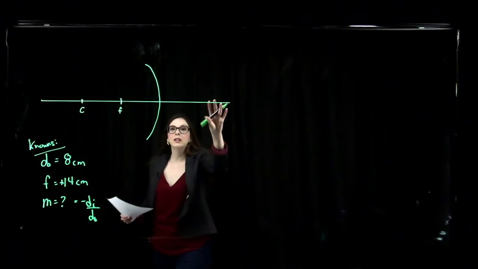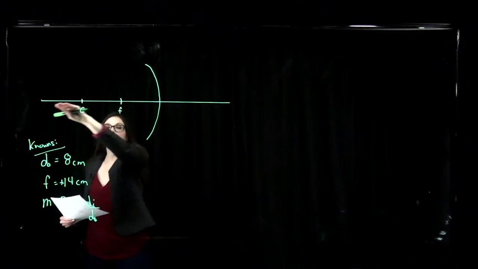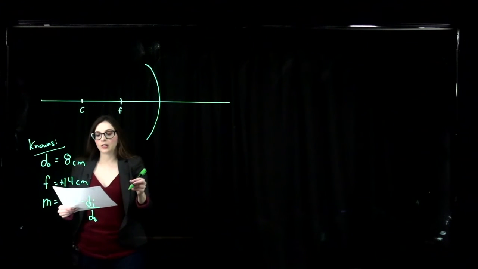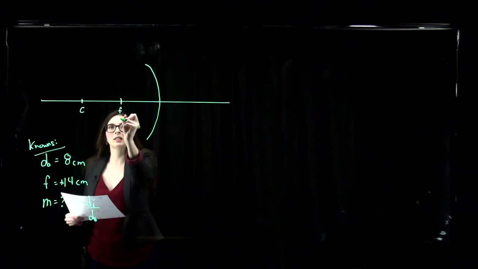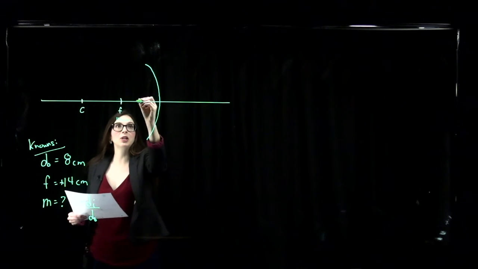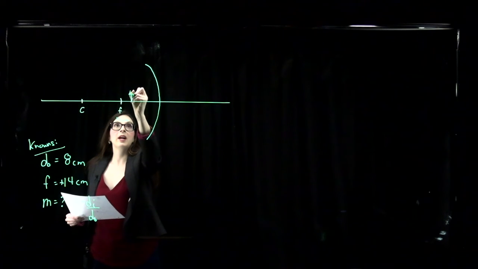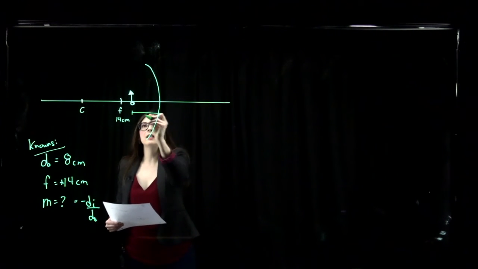Okay, so I've drawn out my sketch here. Here's my mirror. This is the midpoint down the center of the mirror. I've got my object at 8 centimeters in front of the concave mirror. This focal length is 14 centimeters. My object is somewhere right inside here. So here I'm going to draw my object. And then this distance here is 8 centimeters.